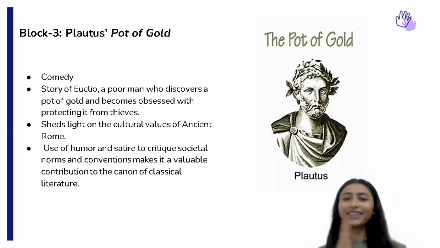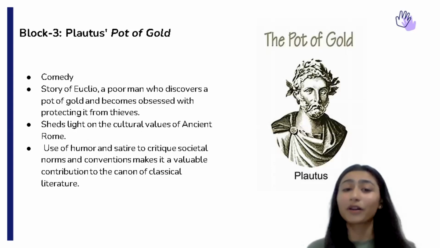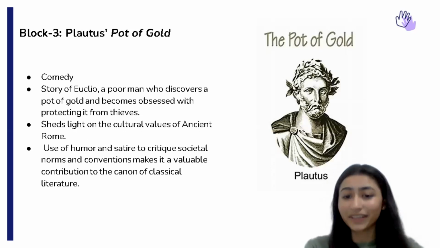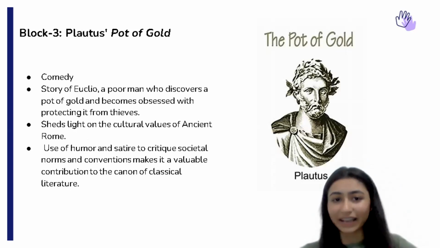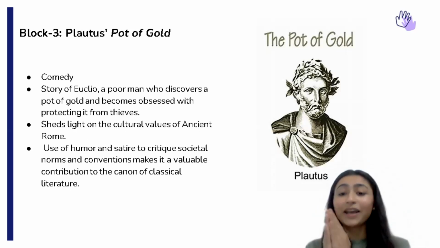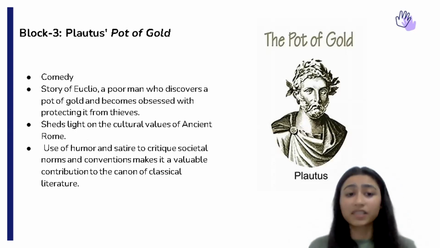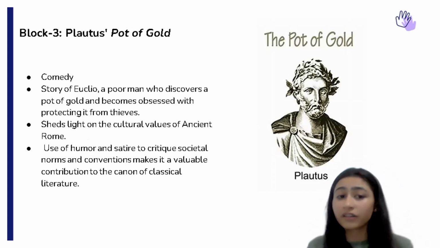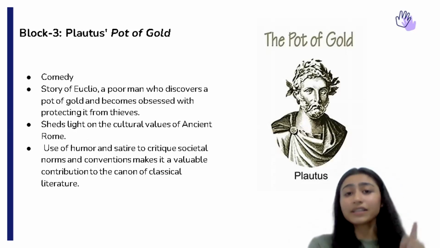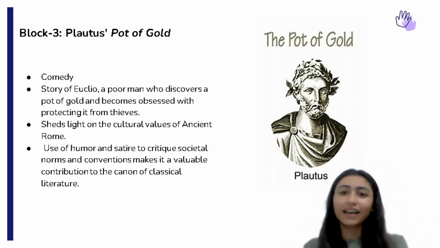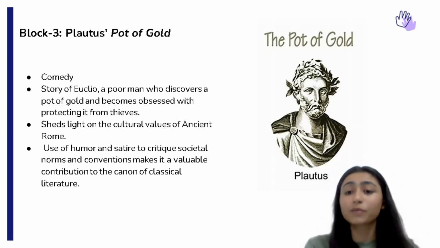Then block number 3 is Plautus' Pot of Gold. It is about a protagonist who is so obsessed with a pot of gold that he discovers, and we see his obsession through the cultural values of ancient Rome. It is not a tragedy, basically it is a comedy. So the ending is better than a tragedy.